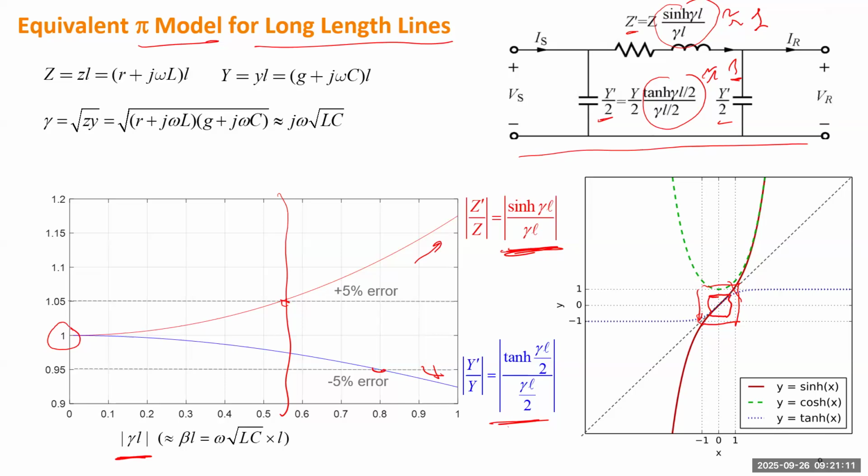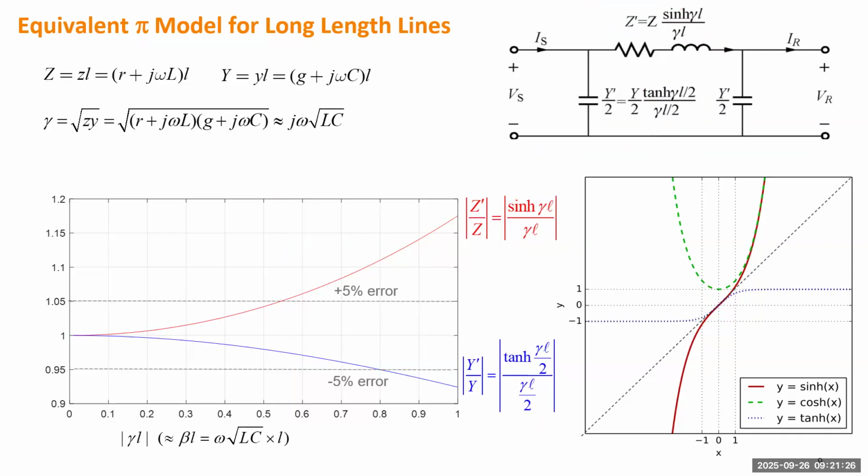So what is the error? The error is just this factor, which means instead of taking z prime, you simply just take z. If you take z prime and y prime, that gives you an accurate result, the same as the long line model.